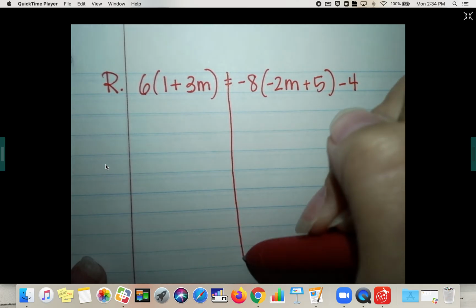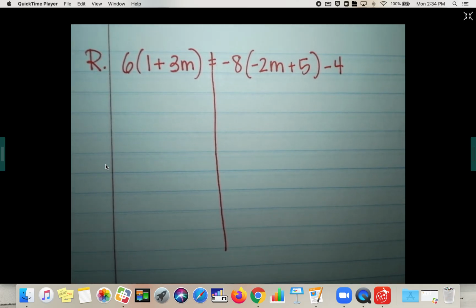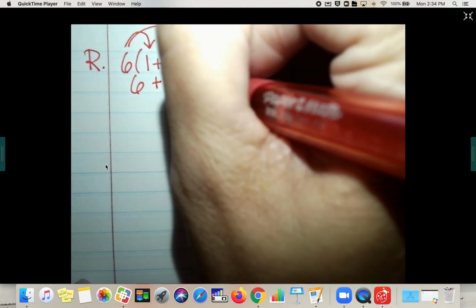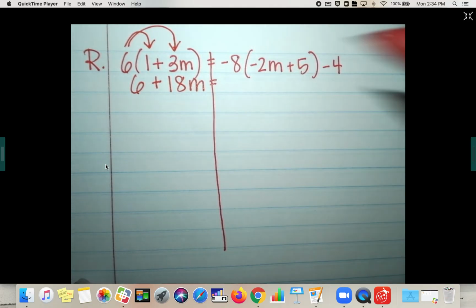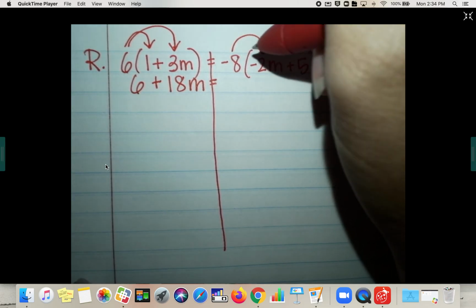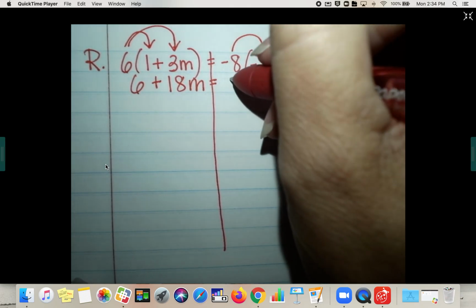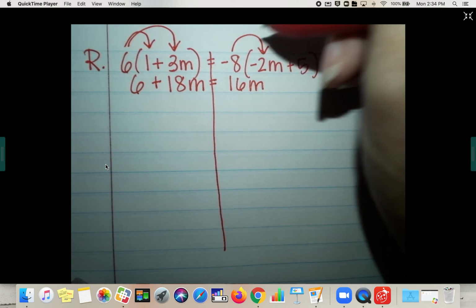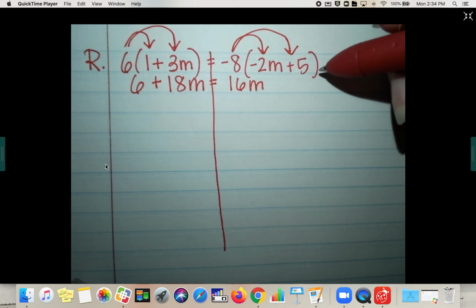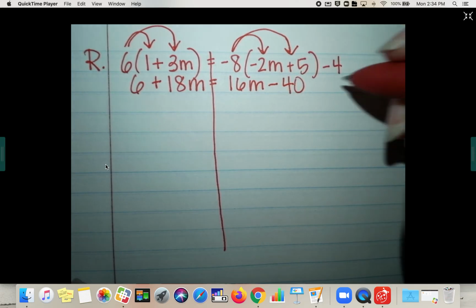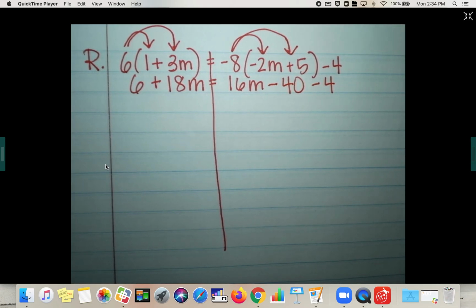I'll be really impressed if you guys can get these with no help at all. 6 times 1 is 6. 6 times 3m is positive 18m, so I want that plus 18m. Okay, be careful here. Negative times negative is positive, so negative 8 times negative 2m is positive 16m. Negative 8 times positive 5 is negative 40. And then you've got your minus 4 over here.